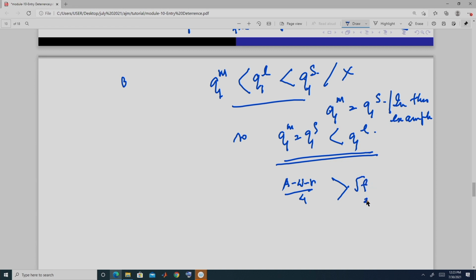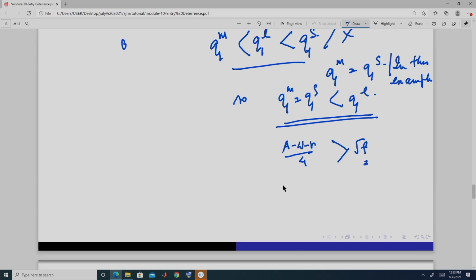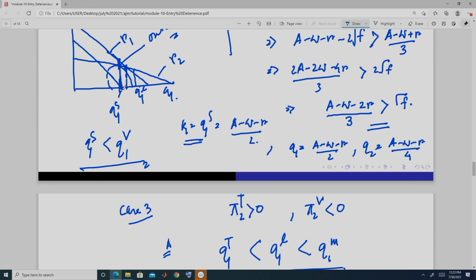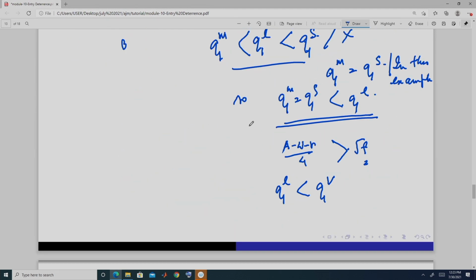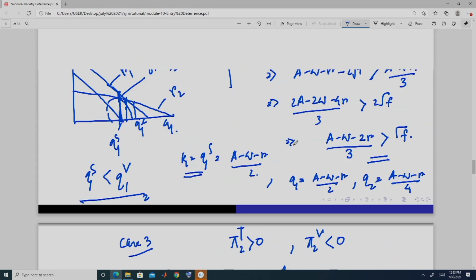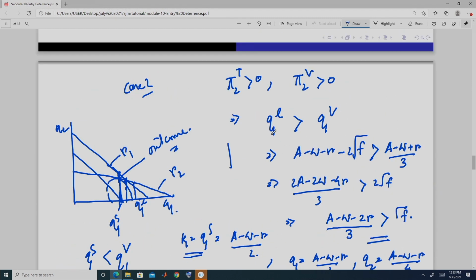Now, here this implies that it should be here. But we have one more condition, that is Q1L is less than Q1V. So, from here we get this is less than this, right. So, here we get this will give me this condition. This is the case. So, we get this.